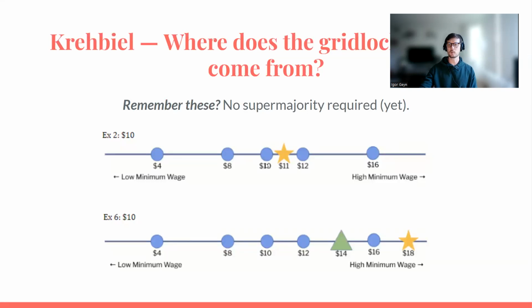The median voter, who's at 10, who prefers a $10 minimum wage, is going to propose a bill at $10 and is herself going to vote for that bill. And in proposing a $10 minimum wage, we'll also make the $8 and the $4 senators better off. They will vote in favor of the new bill to move the minimum wage from 11 to 10. And so policy will jump from $11 to $10. Okay, we will end up with a $10 minimum wage.